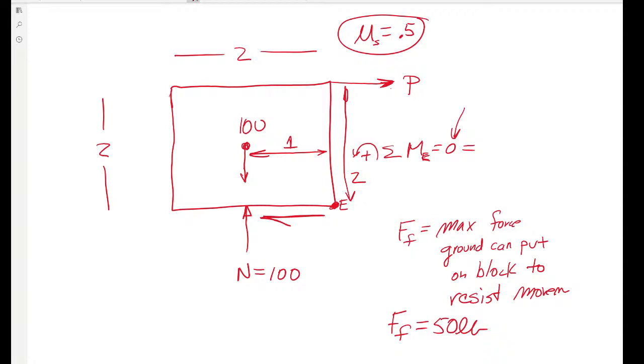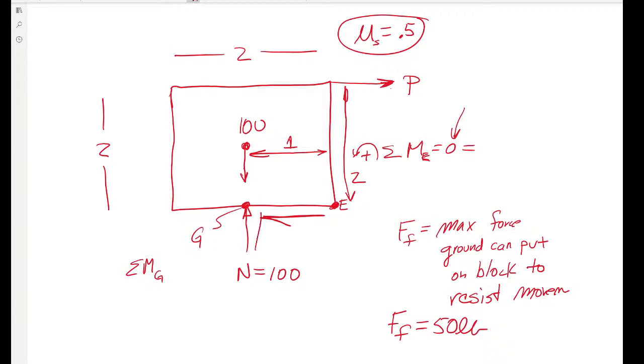Let's now sum the moments about this location. Since that was E, I guess I'll call this, I better not use F. How about G? Now, if I sum the moments about G here, I get a very strange circumstance.